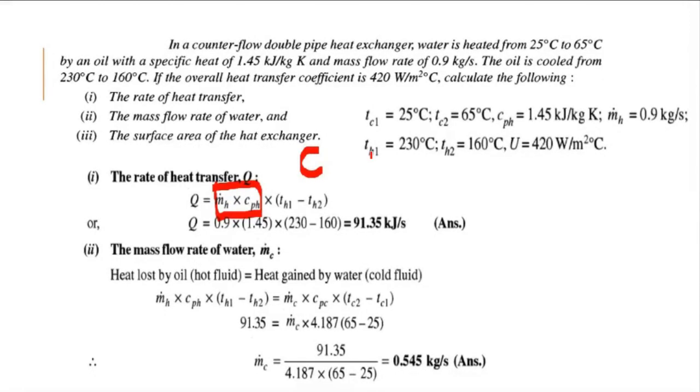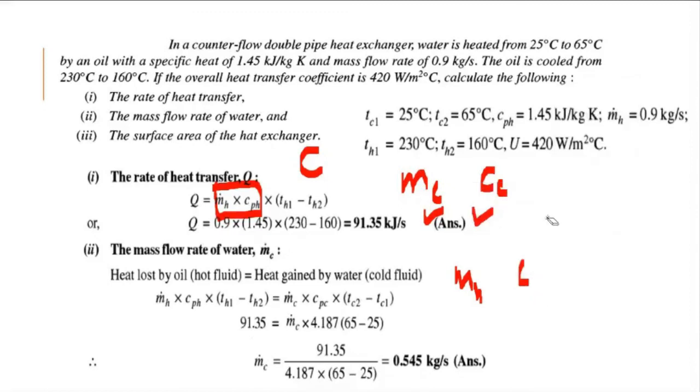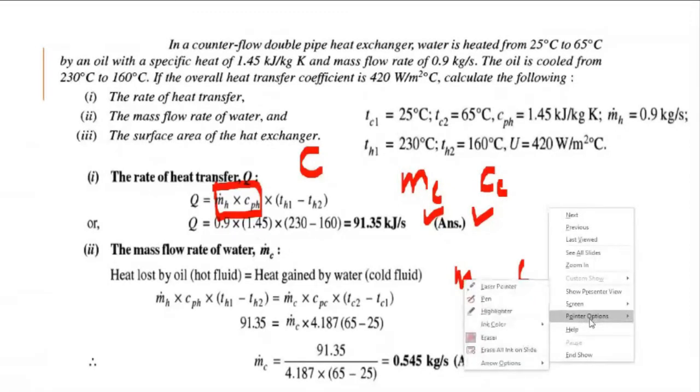Sir, someone else was asking. Aditya told it will be if MC and CC is given. Okay, MC is given and CC is given. That was his doubt, sir. Not CPH and MH. Okay, MH is not given and CH is not given. Can we use MC, CC, and TC2 minus TC1?